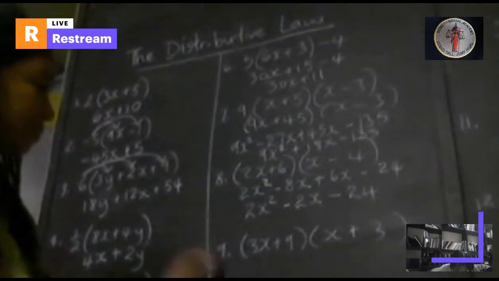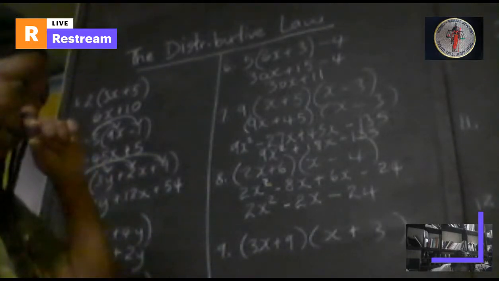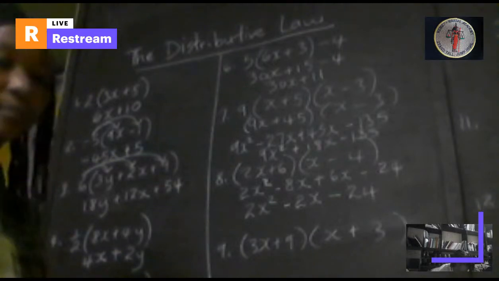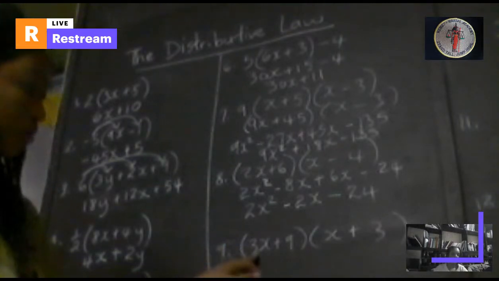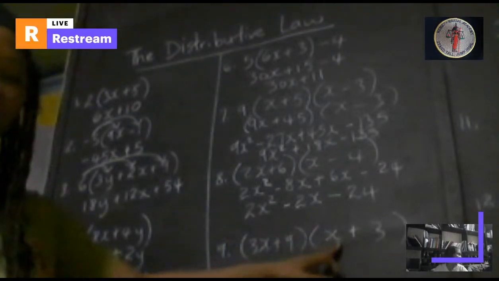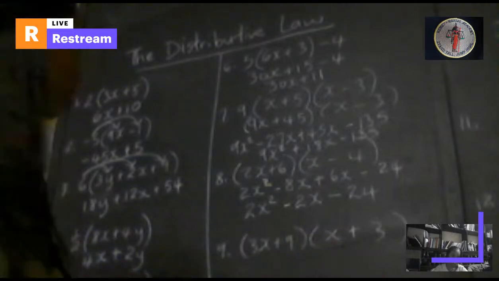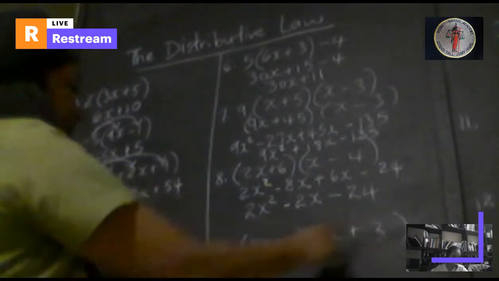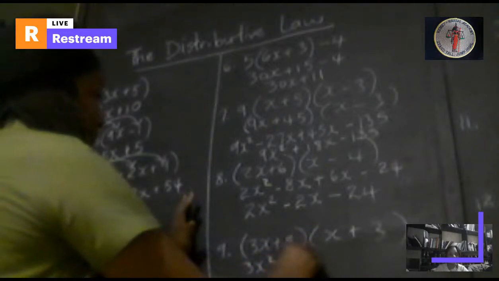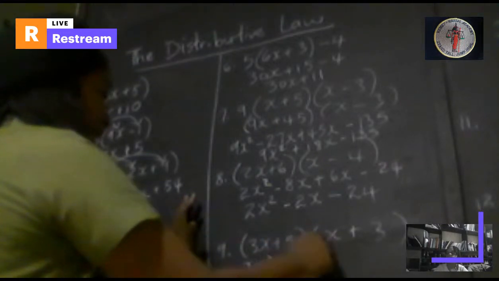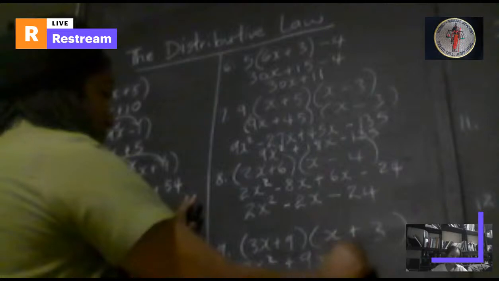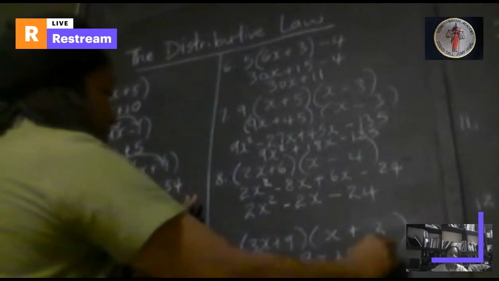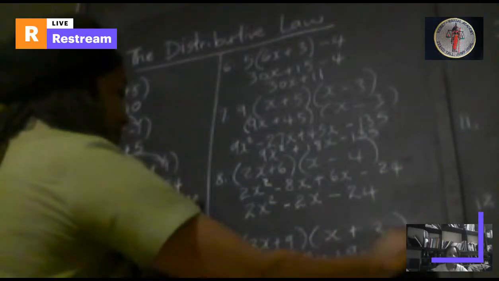So number 9, two brackets again. So it makes 3x squared. 3x times x is 3x squared, and 3x times 3 is 9x, and 3 times x is 9x, and 9 times 3 is positive 27.